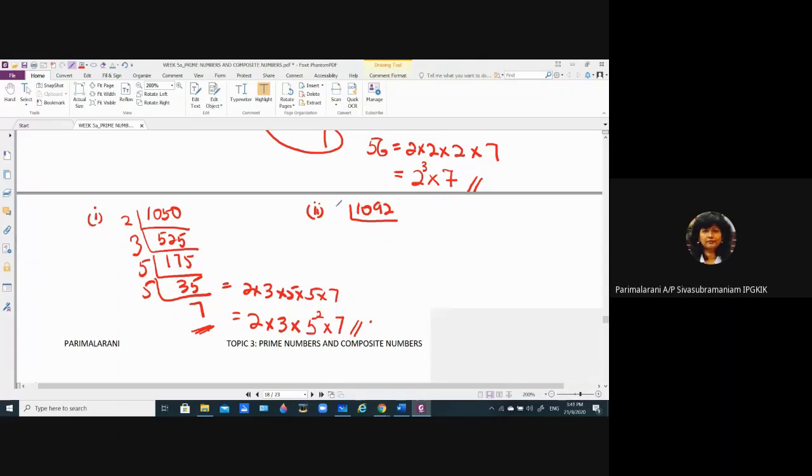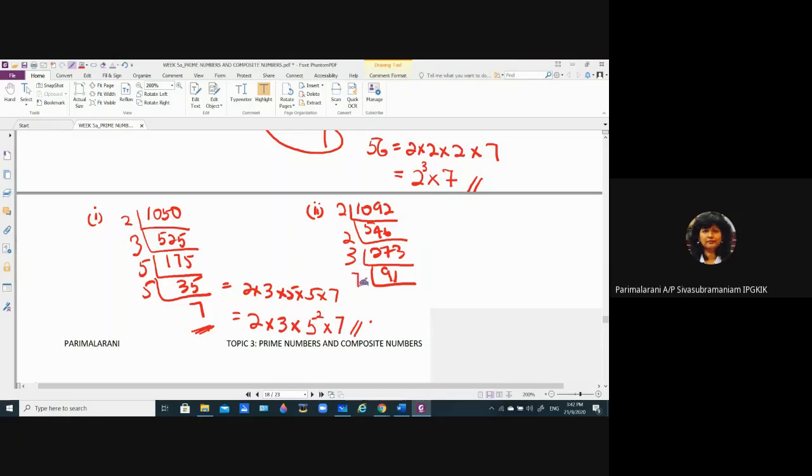Okay, 1092 divided by 2, you get 546, correct? 546 can divide by 2 also. So we divide again, we get 273. Now divide by 3. Yes, divide by 3, we have 91. 91 divided by 3 cannot. 5 cannot.